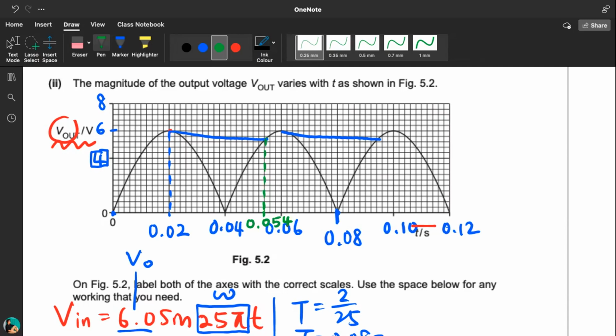One, two, three, four, five, 6, 7. Okay, 7 boxes from 0.04. So this is 0.054. From the peak here, 0.02. So that's the time of discharge from here to here.